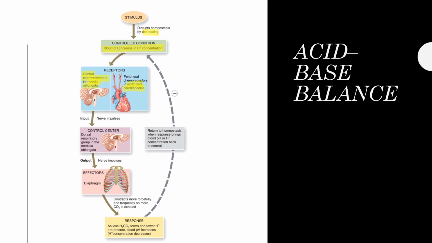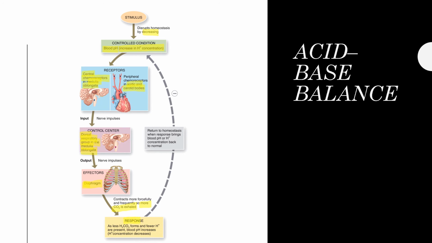Now these are going to send nerve impulses to the dorsal respiratory group in the medulla oblongata, which is going to be the control center for this negative feedback loop. The dorsal respiratory group then is going to send impulses to the diaphragm, which is the effector in this group, which is going to contract more forcefully and frequently so that we have more carbon dioxide exhaled.